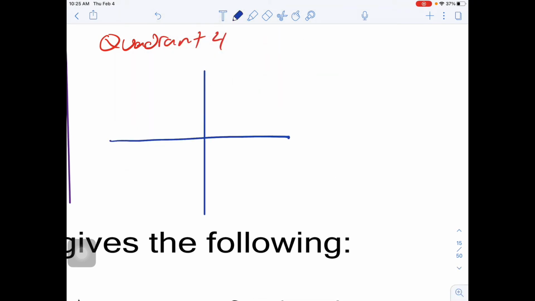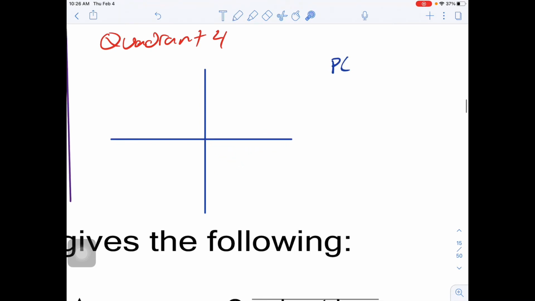So if we fill out quadrant 4, let's plot a point P where if we live in quadrant 4, your x is positive and your y is negative. So we would have a positive x and a negative y value.